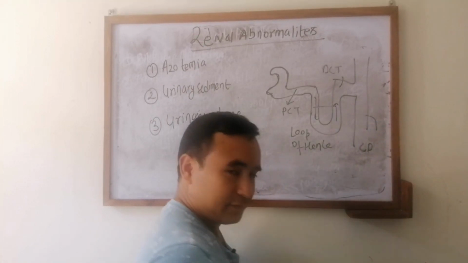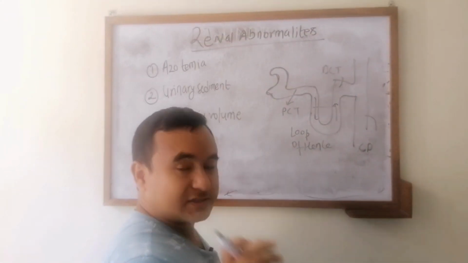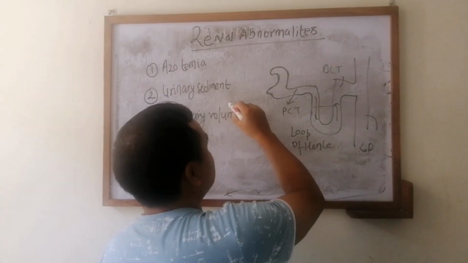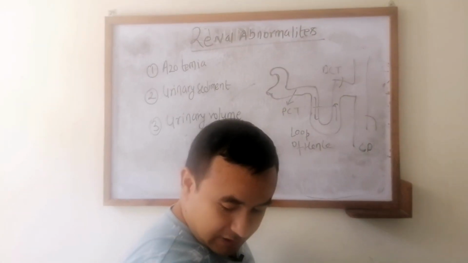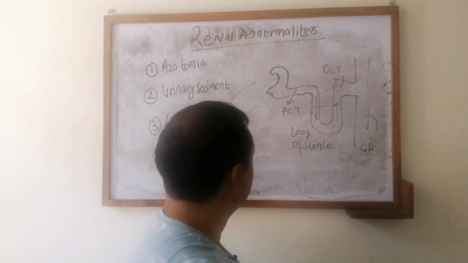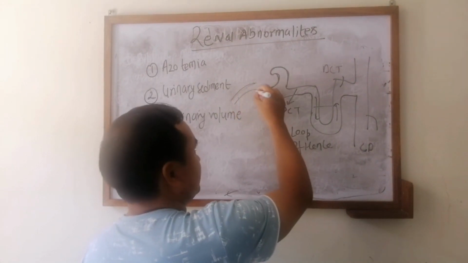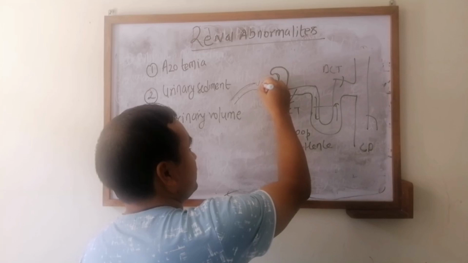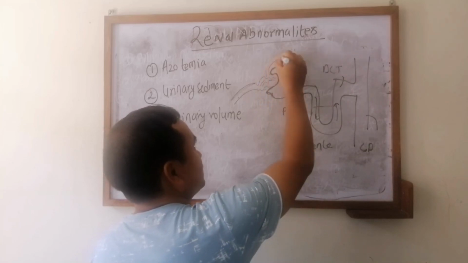We all know this. And in the Bowman's capsule, there is the afferent arteriole here. And there is a networking of small capillaries over here, and this is the efferent arteriole.